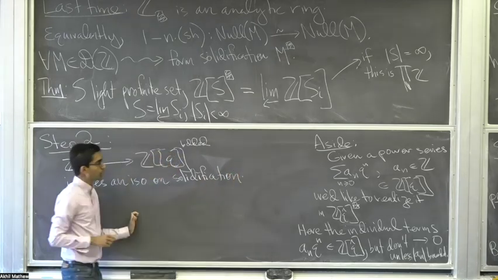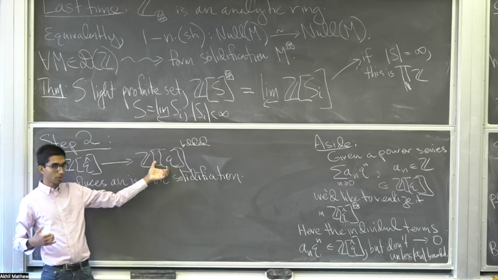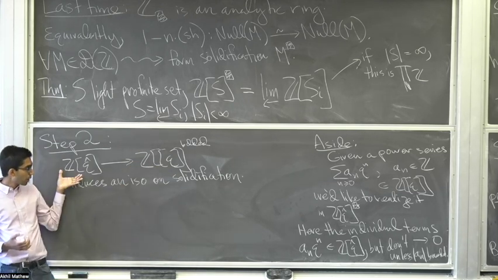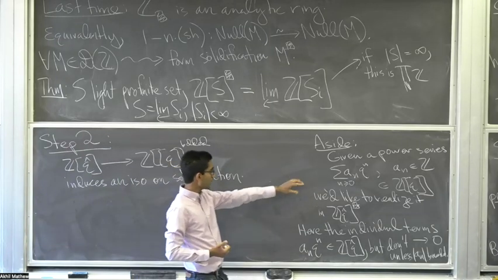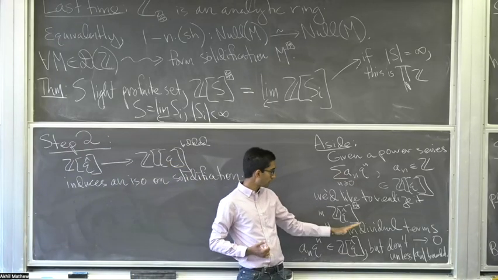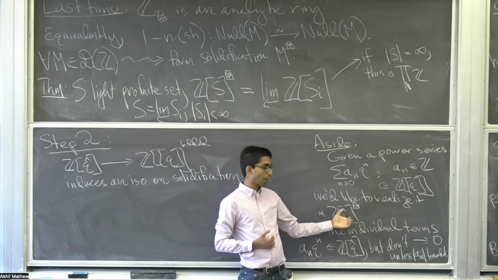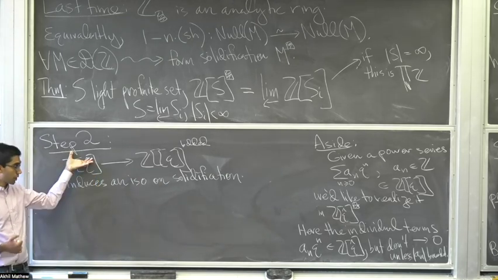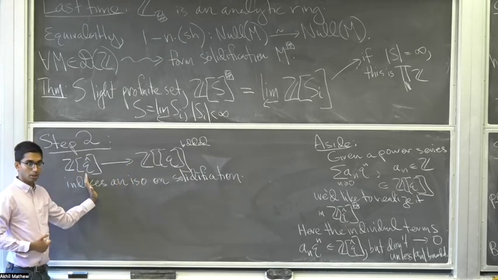So instead of working with all power series, let's work with power series where the coefficients are uniformly bounded. And the idea is that if the a sub n's are uniformly bounded, then these terms a sub n q to the n do converge to 0 in Z brackets q hat. So we should be able to sum them. So the idea of step 2 is to make this informal argument precise.